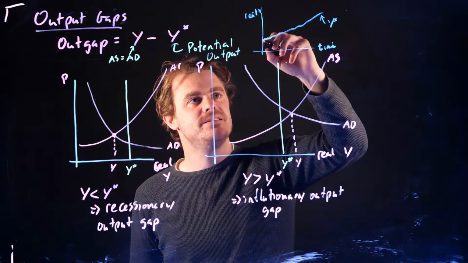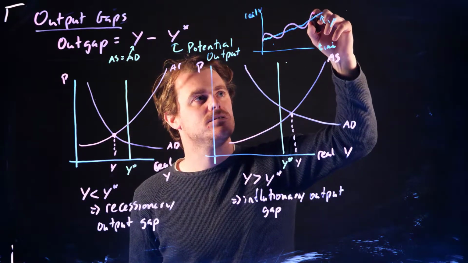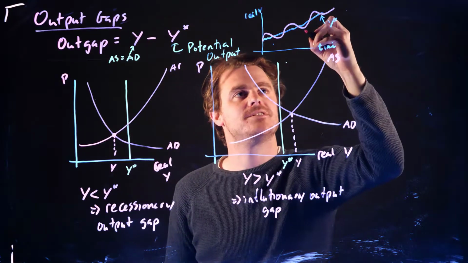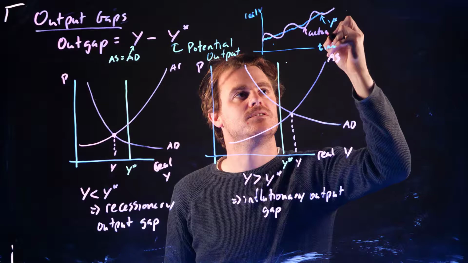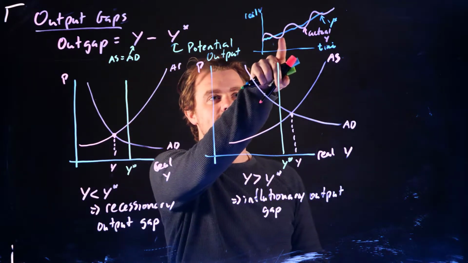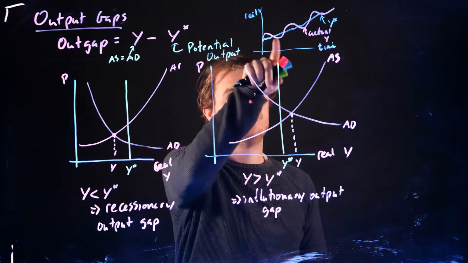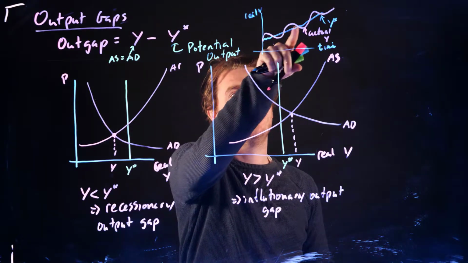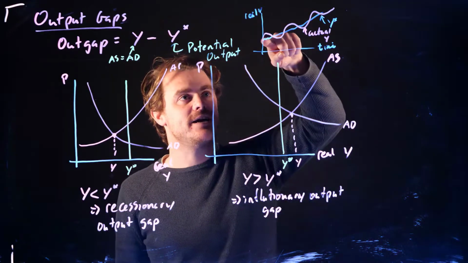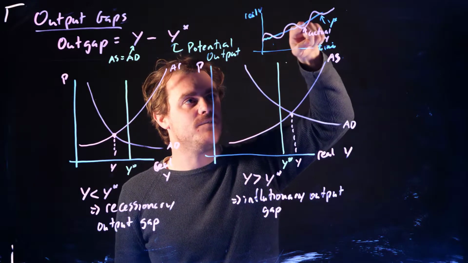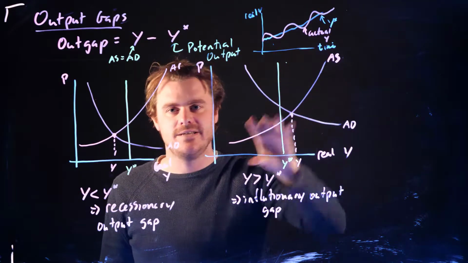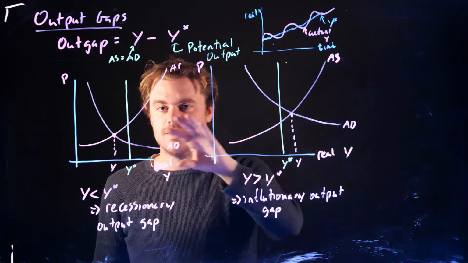Then we have these business cycles where the actual Y is fluctuating around this Y star. So if we're in a recessionary gap, it's any time this pink line, the actual Y, is below this blue potential output. And an inflationary gap is when this pink line is above Y star. So these are capturing different parts of the business cycle.